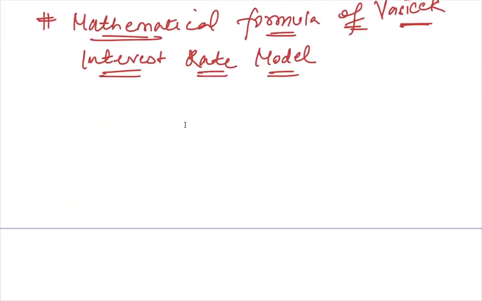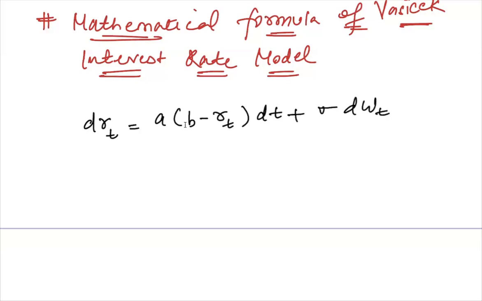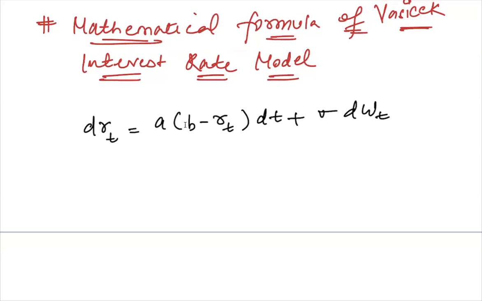The mathematical formula of the Vasicek interest rate model is defined by dRt equals A times (B minus Rt) dt plus sigma times dWt. So the equation is dRt equals A times (B minus Rt) dt plus sigma dWt.